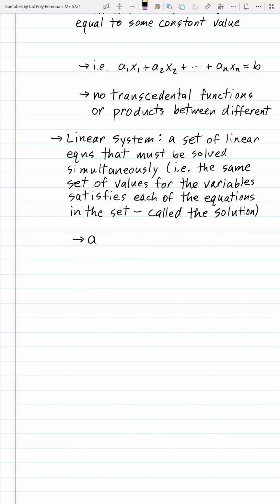So here we would be able to write out A11 x1 plus A12 times x2 all the way on out to A1m xm is equal to B1.